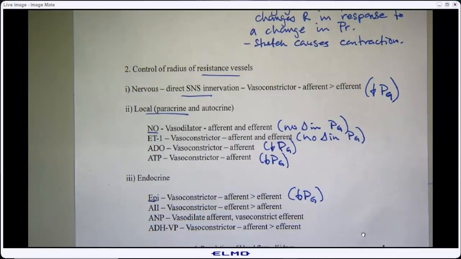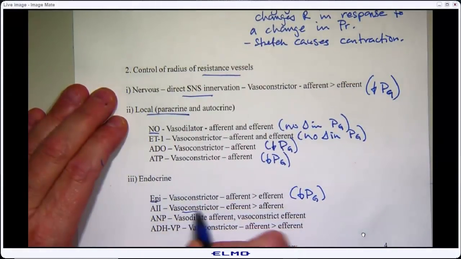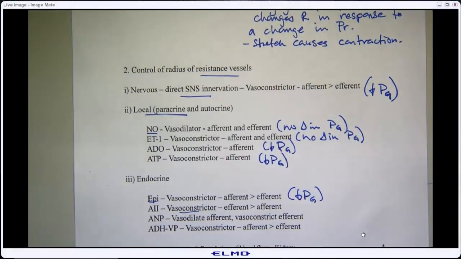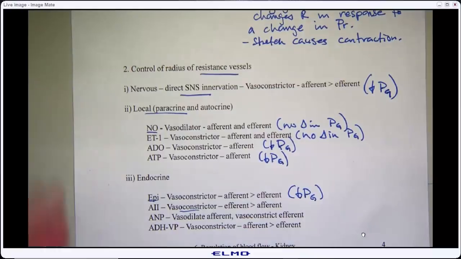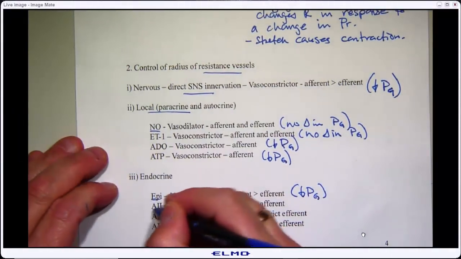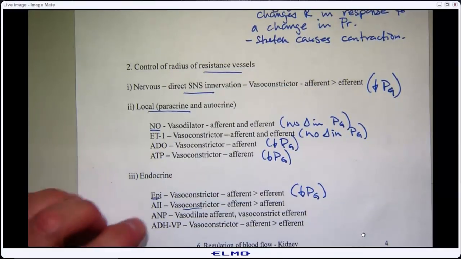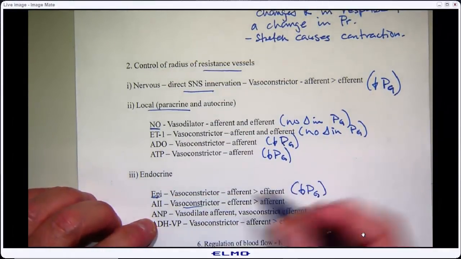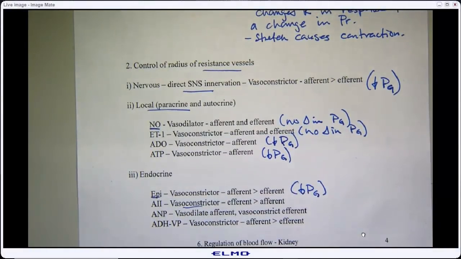Angiotensin 2, we've talked about it once before as a vasoconstrictor of skeletal muscle vascular beds. I'm going to put a placeholder for it here, and probably in about 2 days we'll get back to it. It is a vasoconstrictor of efferents over afferents, so a higher membrane receptor population downstream.